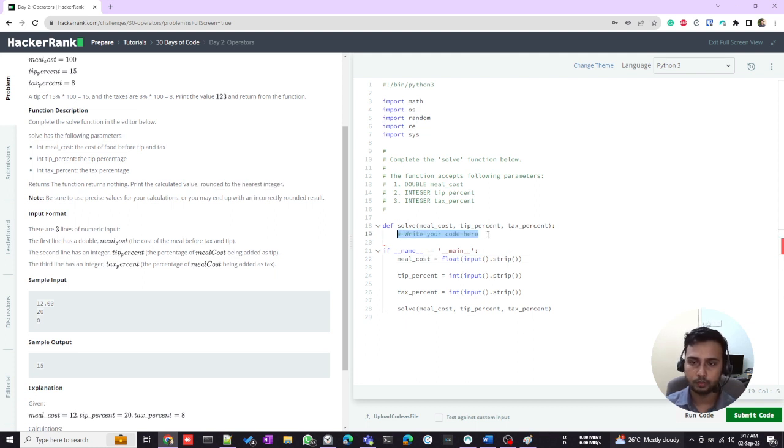It will probably be the simplest one. What we need to do is assign a variable called total.